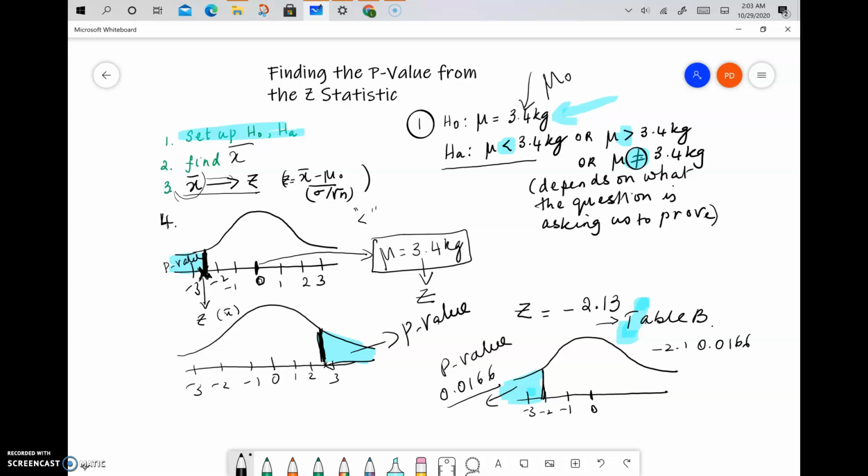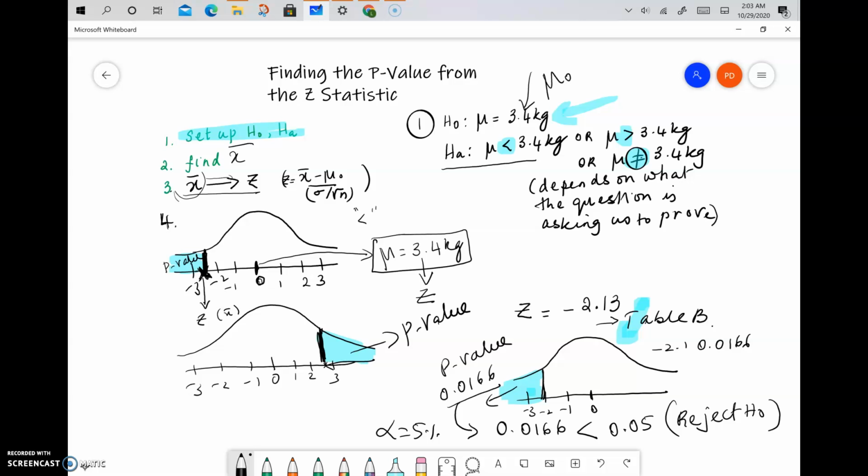And clearly, if we look at a 5% significance level, which is 0.05, 0.0166 is way less than 0.05. So immediately we know that we can reject H naught. And what is H naught? H naught says mu is equal to 3.4 kilograms. So when we reject it, we are saying that's not true.